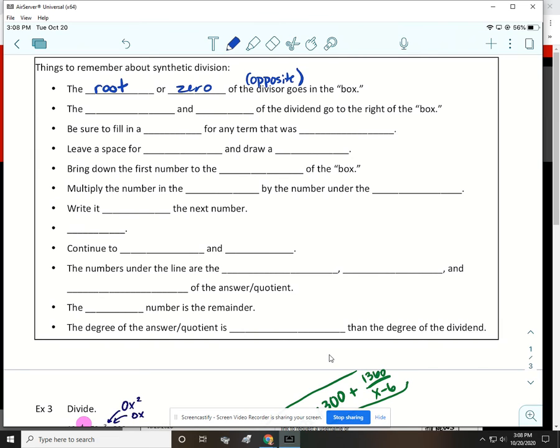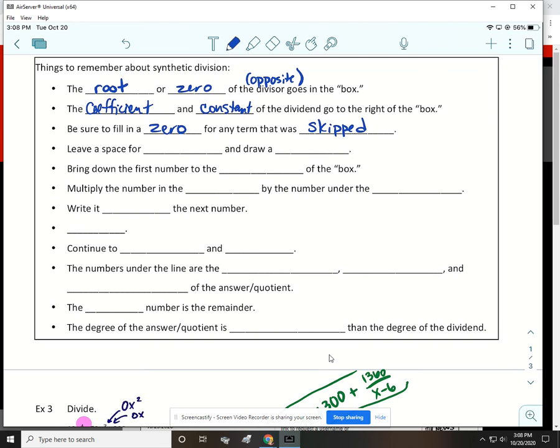Okay, and then the coefficients and the constant of the dividend go to the right of the box. All right, be sure to fill in a 0 for any term that was skipped. If you don't, like I said, you're doing the wrong problem.